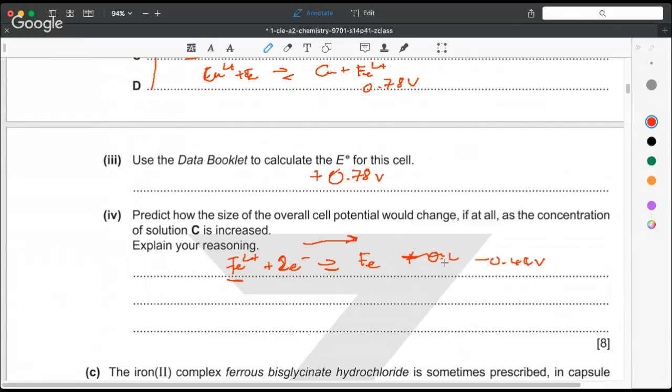If I have fewer electrons, this is going to be less negative. And if that's less negative, then we end up with a cell potential which is decreased. There we go. So the cell potential is going to be decreased.